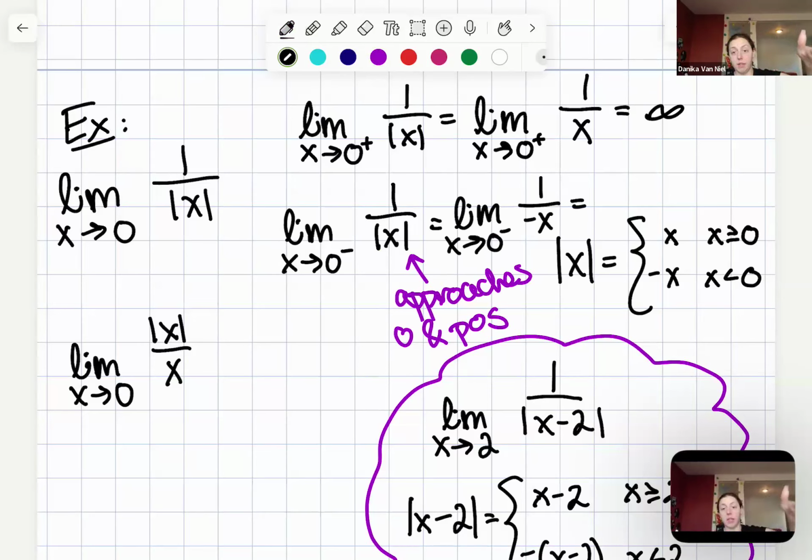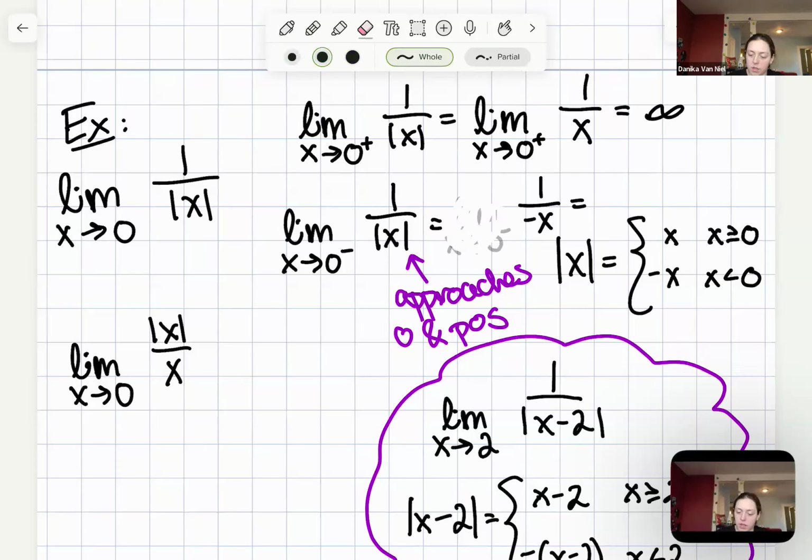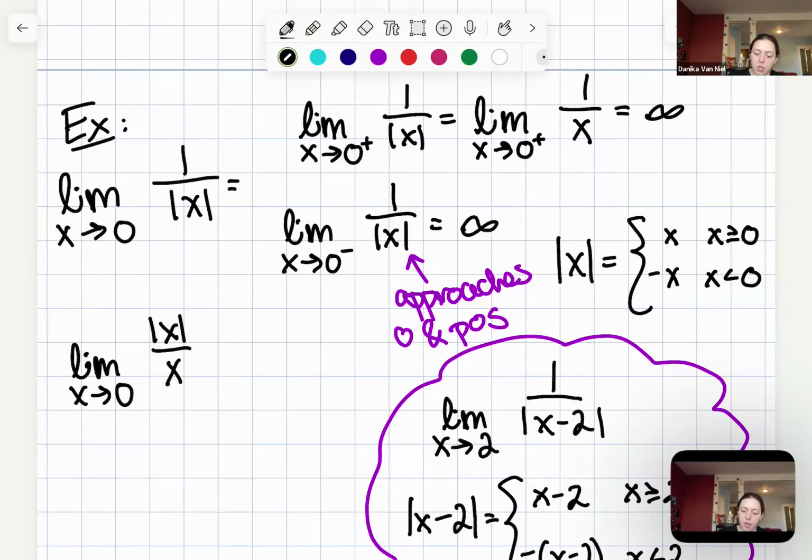But x is negative. See, this is why I don't like this version. I just like to say, okay, this is approaching 0 and it's positive, so this is going towards infinity. That's sort of my take on it. Okay. So the left and right limits agree. Therefore, the limit is infinity.